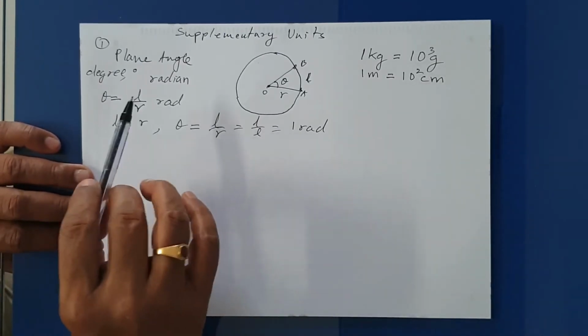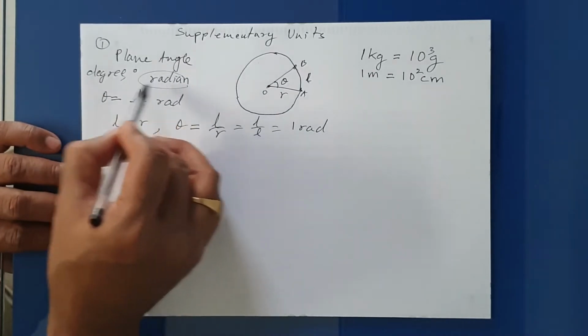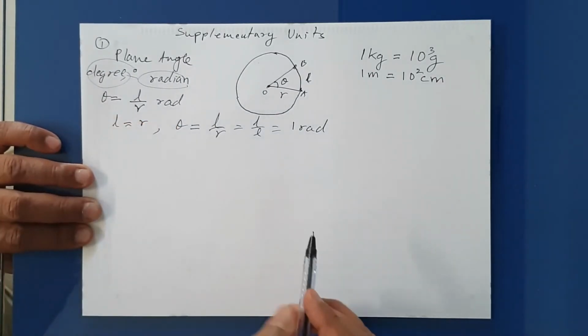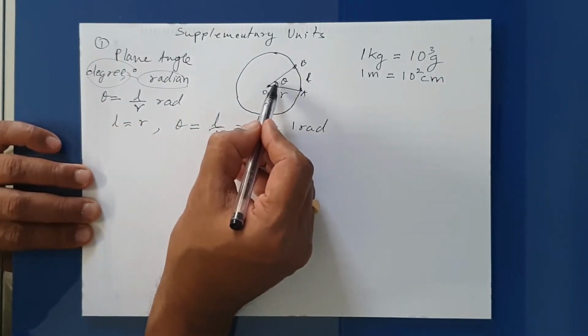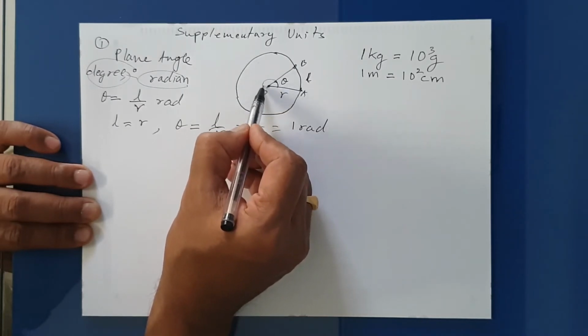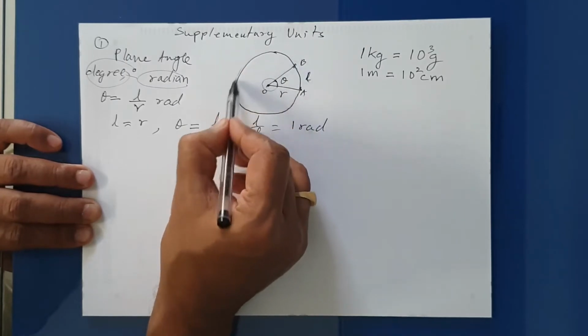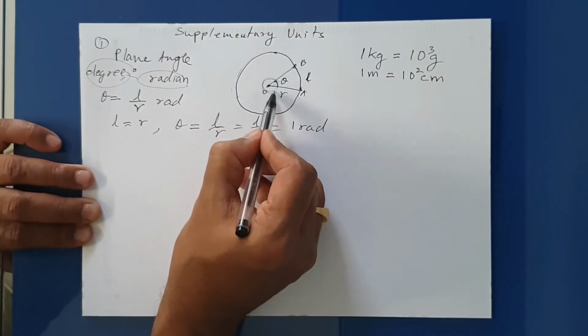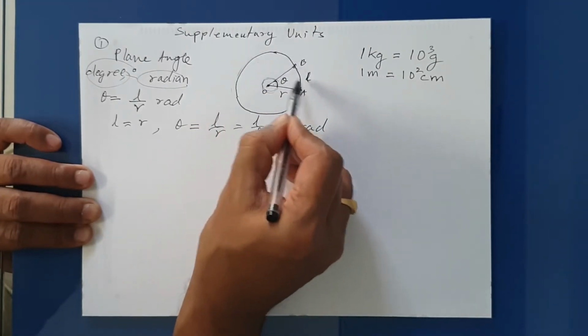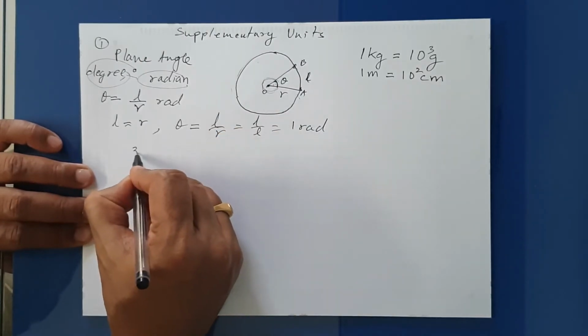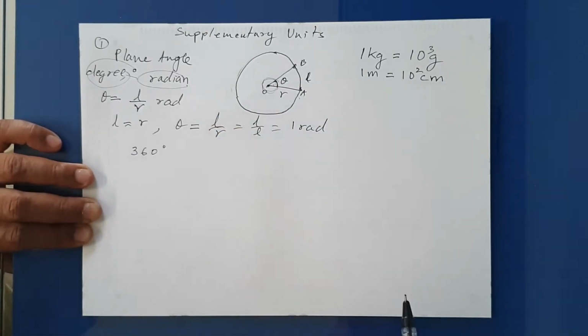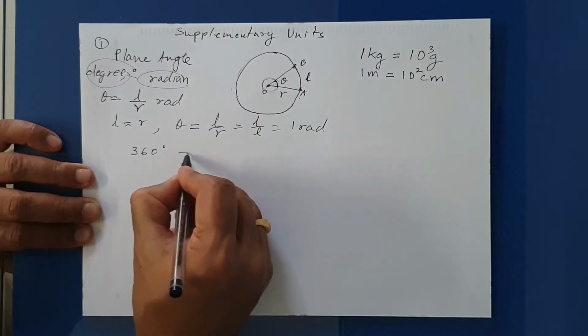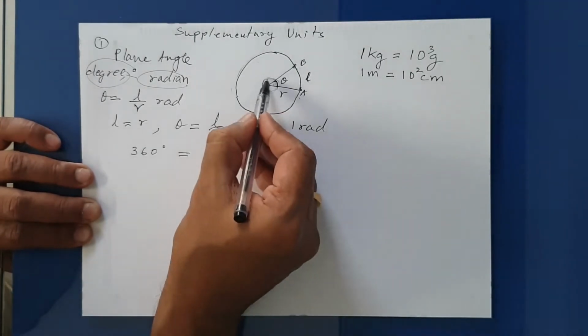So now let us establish the relation between radian and degree. What is the angle at the center of the circle subtended by the entire circumference? We know it is 360 degree. How many radians is that going to be?